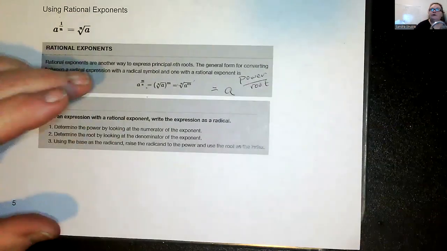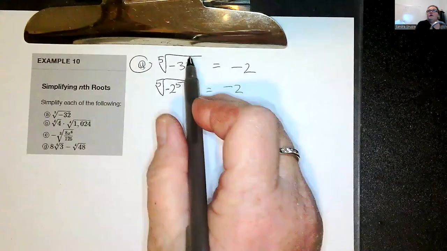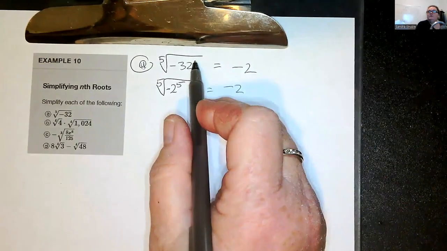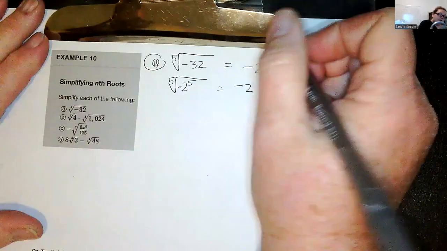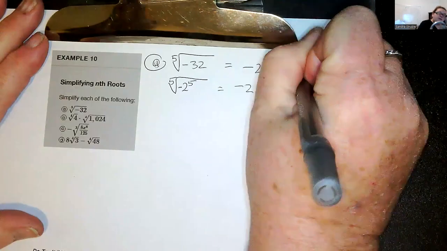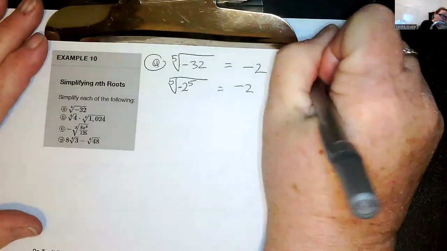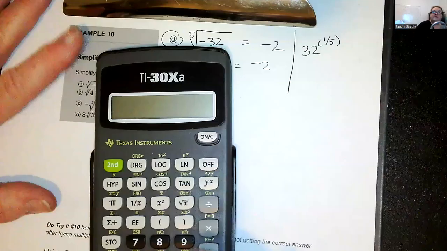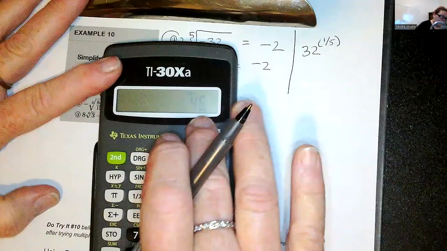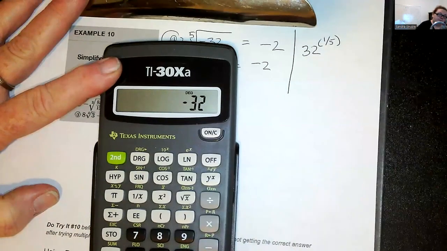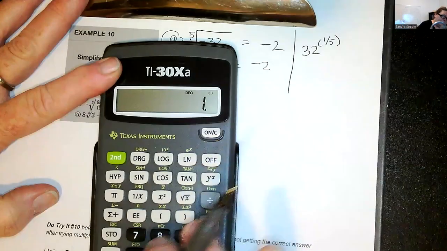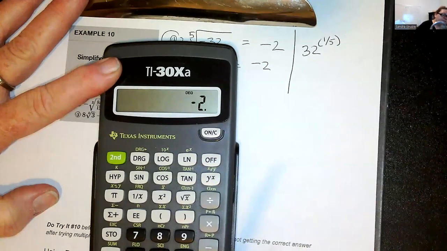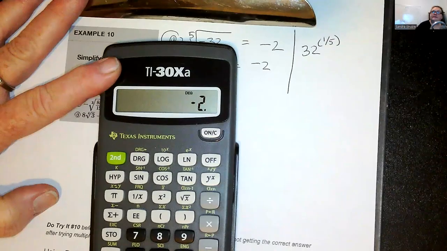Since this 32 has a 1 automatically up here for its power, in my calculator I would go: negative 32, raised to the power, open parenthesis, 1 divided by 5, close parenthesis, equals negative 2. That's how they get the answer.